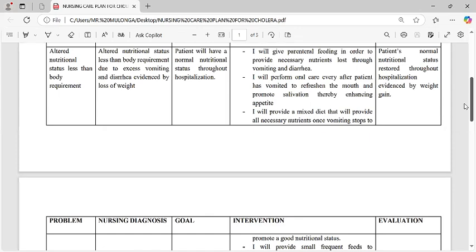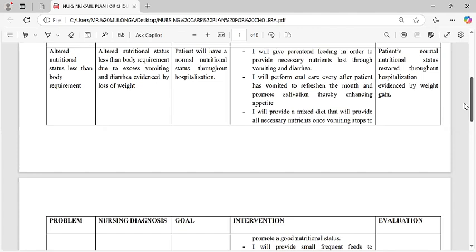Not only that, they are also losing a lot of nutrients because these nutrients are not properly absorbed in the gastrointestinal tract. Therefore, there will be reduced nutrients in the body.